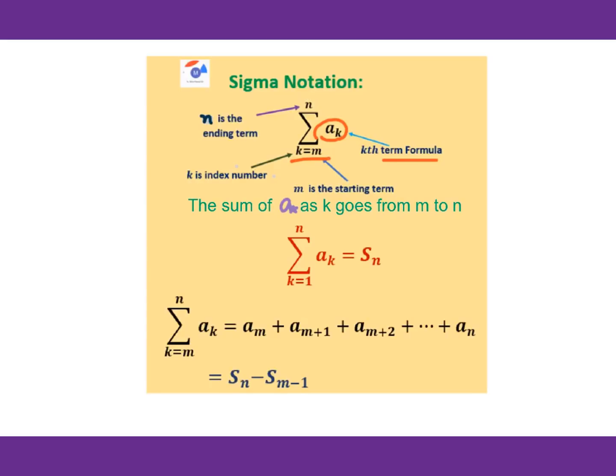M is the starting term. N is the ending term. When k goes from 1 to n, we can use S sub n to show this sigma notation. In other words, S sub n starts from a sub 1 plus a sub 2 going to a sub n.